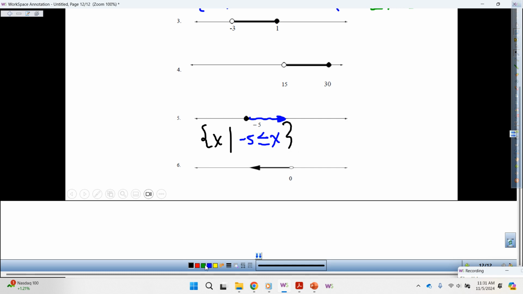Interval notation, I got -5. This is going to what? Positive infinity. Bracket, parentheses. All right, send me that, or send me what you did last night, one or the other.